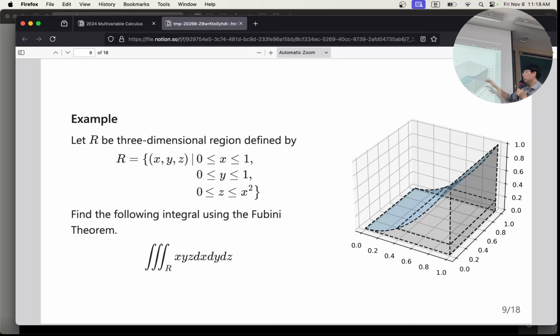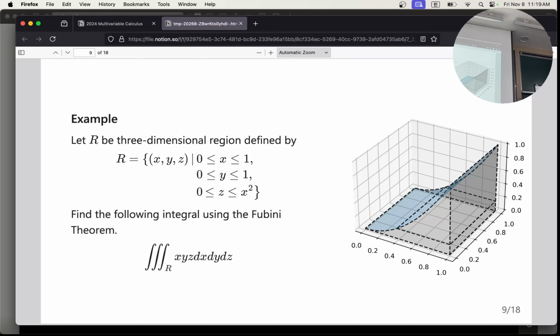Root z, yes, the square root of z. And what's the maximum? 1. And what's the range of y? 0 to 1. So you want to find the area of the section and then multiply it by the thickness, the width of the slice. And then you also have to multiply by the function value.